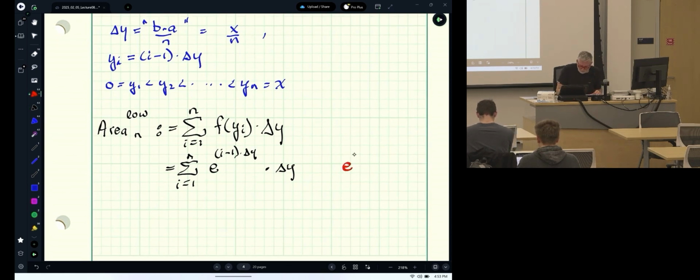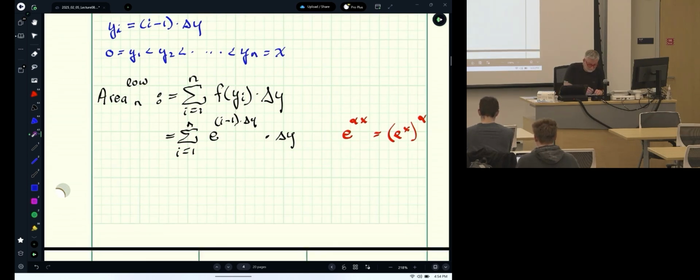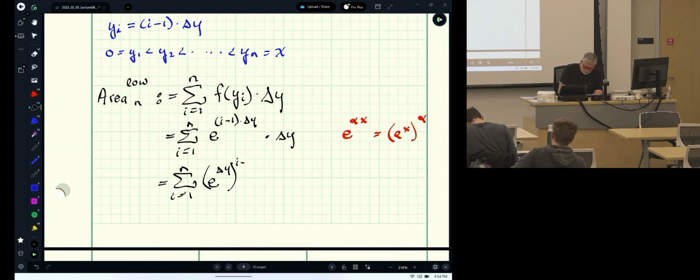Now, I'm going to use that e to the alpha x is equal to e to the x raised to power alpha to handle this product. We've got e to the delta y, and I'm going to raise it like this.